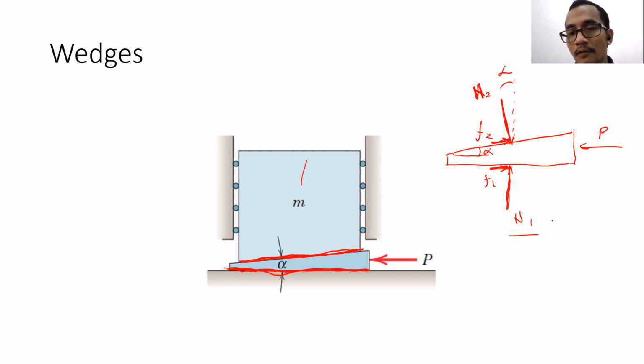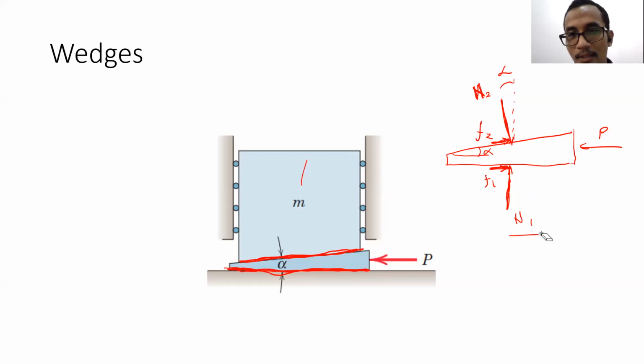If we assume the wedge has no mass, then there is no normal force 1?